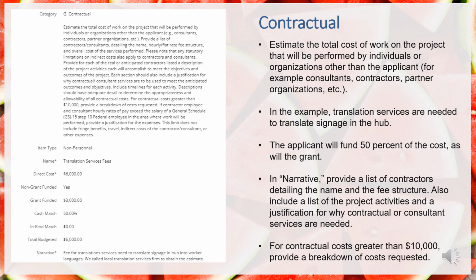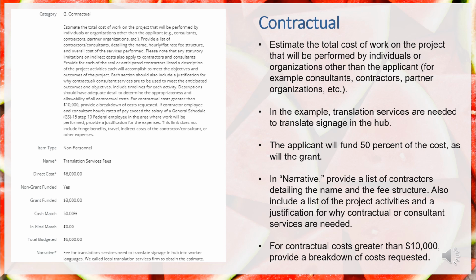Contractual expenses are the next expense category. Estimate the total cost of work on the project that will be performed by individuals or organizations other than the applicant. For example, consultants, contractors, partner organizations, etc. In the example, translation services are needed to translate signage in the hub.